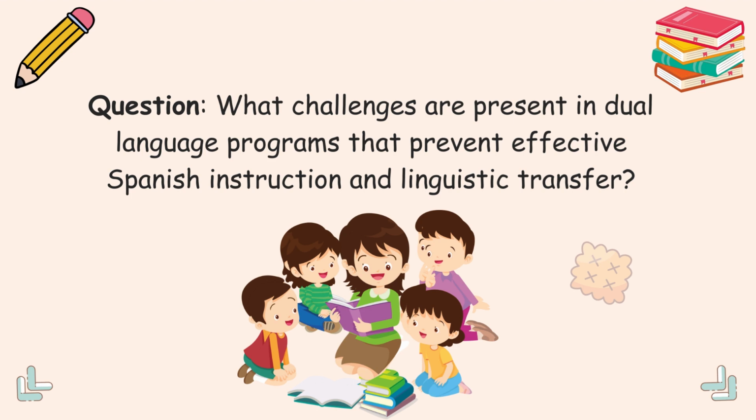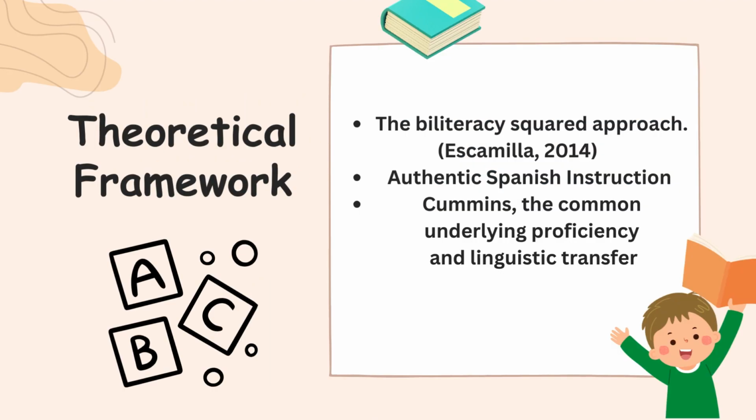happen. And so through the literature review, I was able to learn about some of the challenges that take place in educational context. So that's the question. For the theoretical framework, I relied on the biliteracy squared approach by Escamilla, presented in 2014.